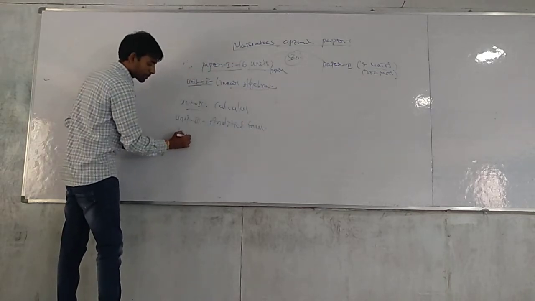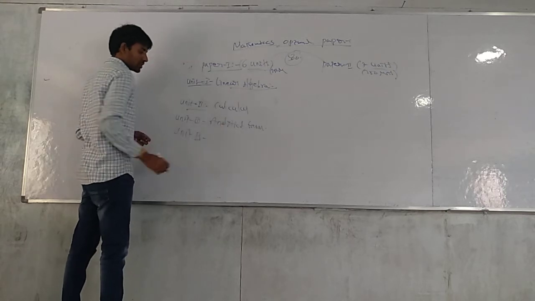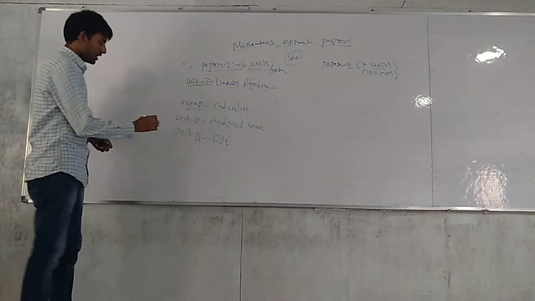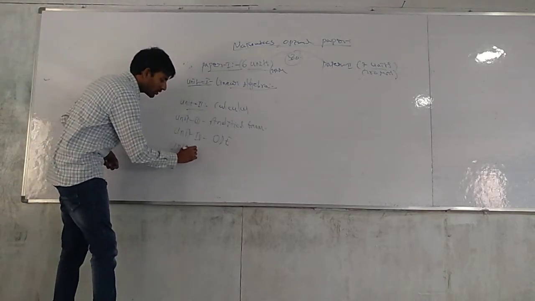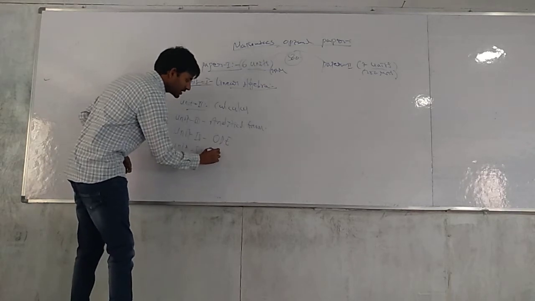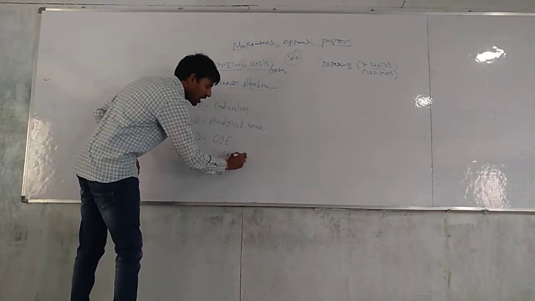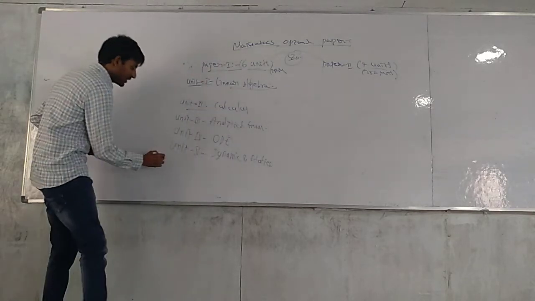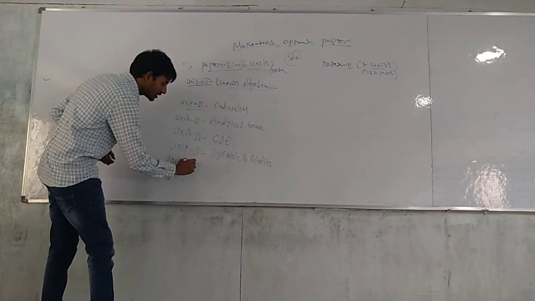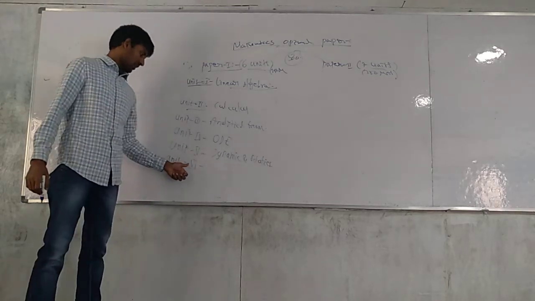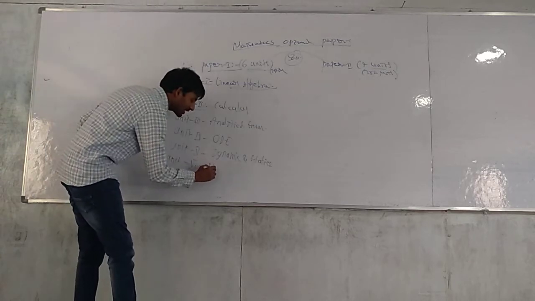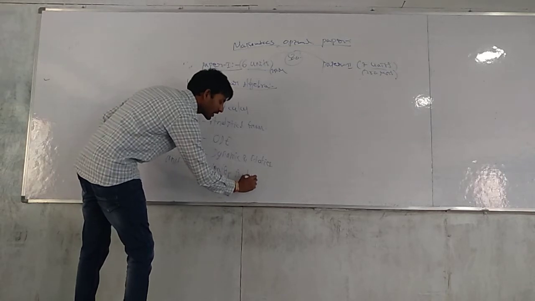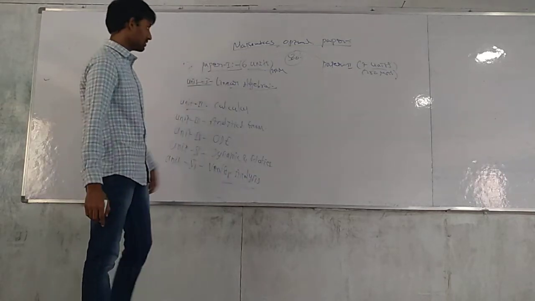Unit 4, ordinary differential equations, ODE. Unit 5, dynamics and statics, not statistics, statics. These are different. Unit 6, last but not least, vector analysis, that is, vector calculus at degree level.